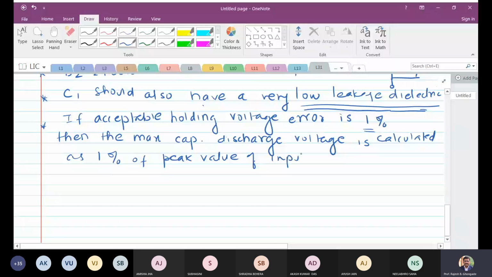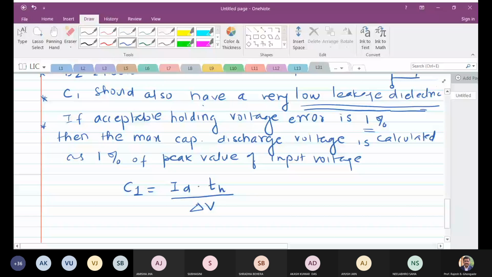So I can write down an equation for C1 as ID into the holding time TH divided by the change in voltage. This capacitor equation should not be new to you now.